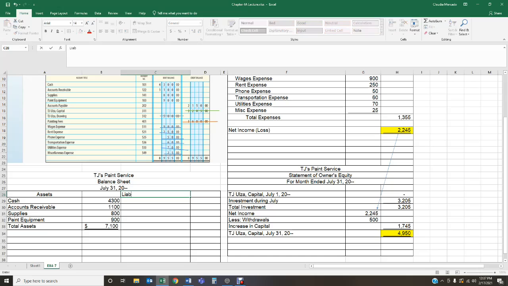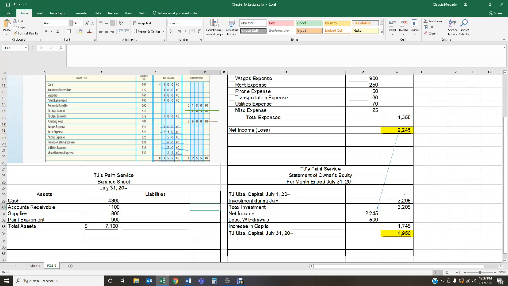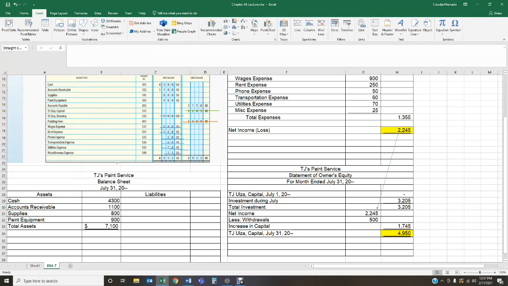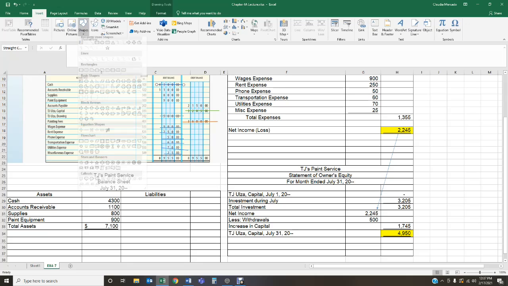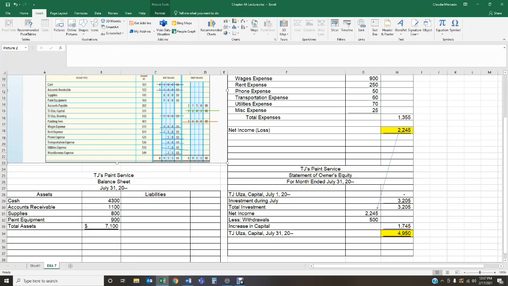Next, I'm going to bring in my liabilities on the right-hand side. Liabilities are anything you owe. Before I do that, let me be consistent and let me mark off all of the assets that have been used. That way I don't get confused.